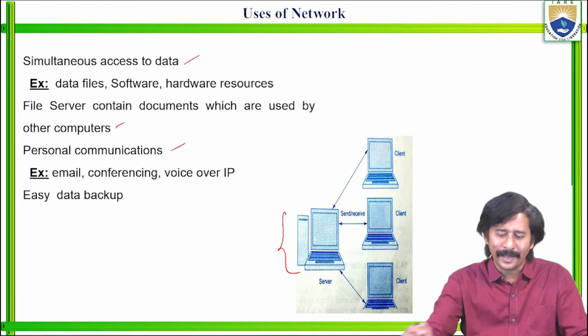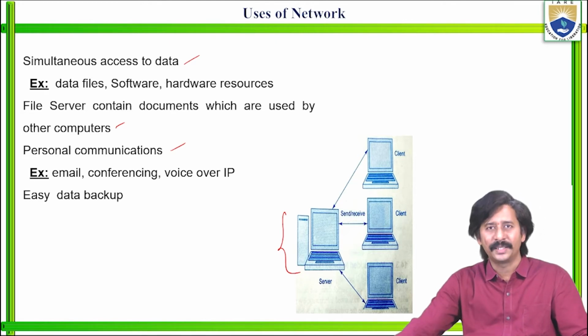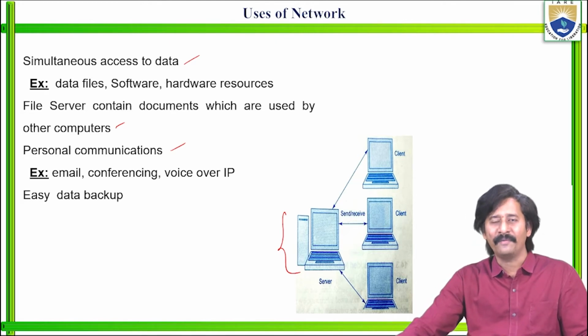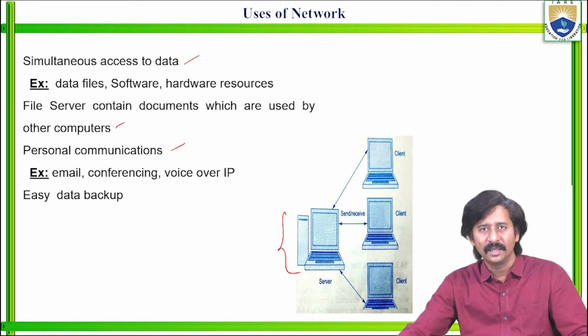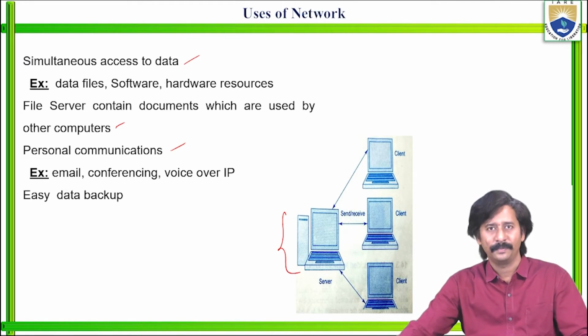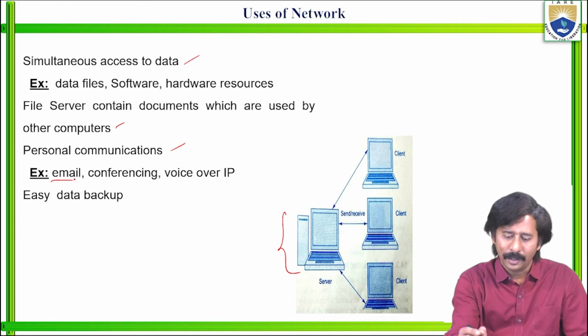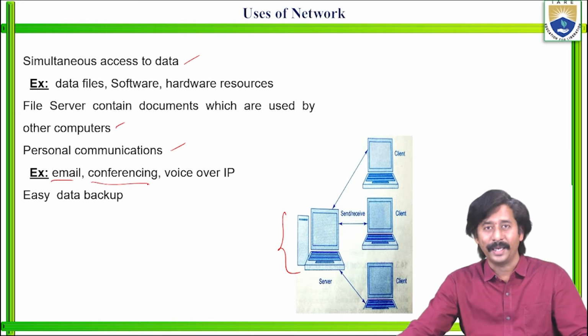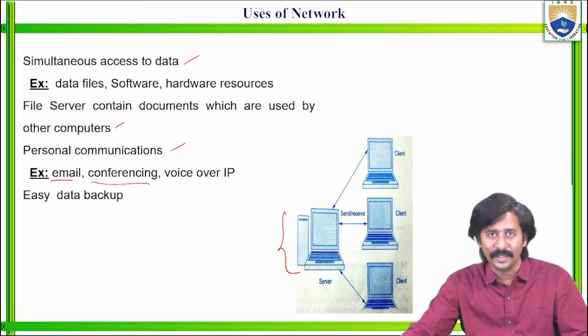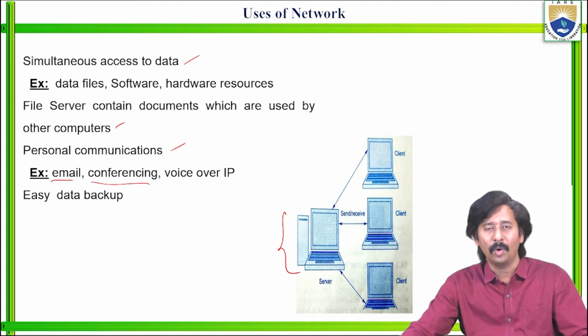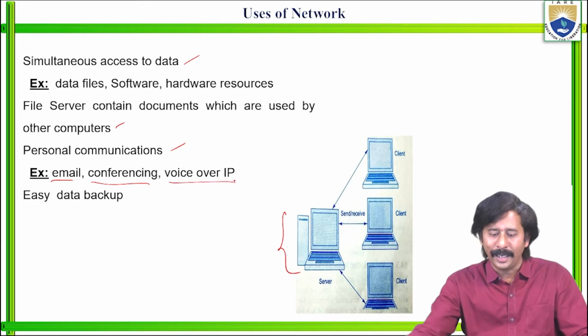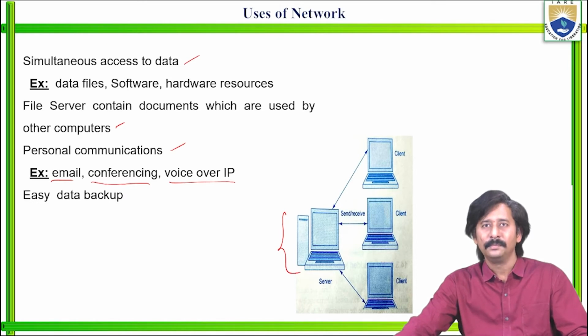Now another use is personal communications. Nowadays we are using a vast number of applications for personal communications, for example email and conferencing. Due to the pandemic situation, we learned a lot about how to communicate online, either WebEx or Zoom. Then voice over IP is another communication.